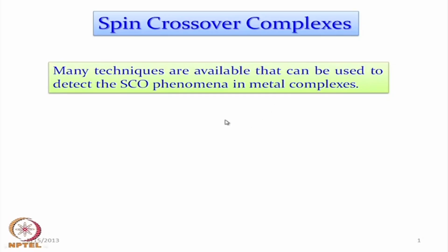So we will just go through some of these techniques, because the basic reason behind the formation of these types of complexes we have discussed. So what are the techniques basically available which can be useful to detect this particular phenomena in different transition metal complexes where we have unpaired spins.